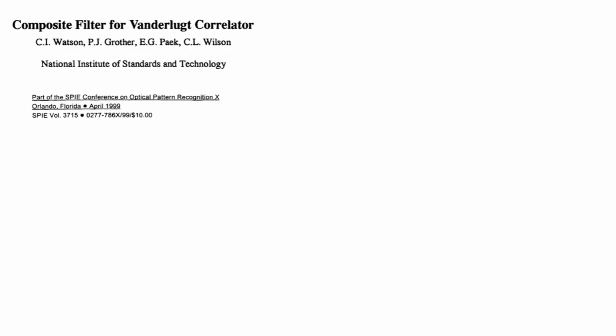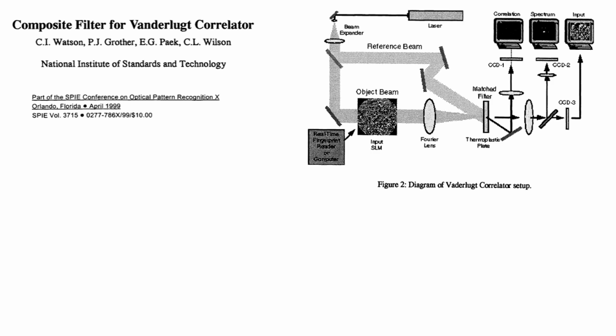Here's an example from a group at the National Institute of Standards, where they built a Vanderlugt correlator, which is a device where we take an input plane, here the input spatial light modulator, with a Fourier lens that's going to Fourier transform the input plane onto the back focal plane of the lens. Then you can put a computer-generated hologram or any other kind of optical modulator here that will modulate the Fourier transform of the field.